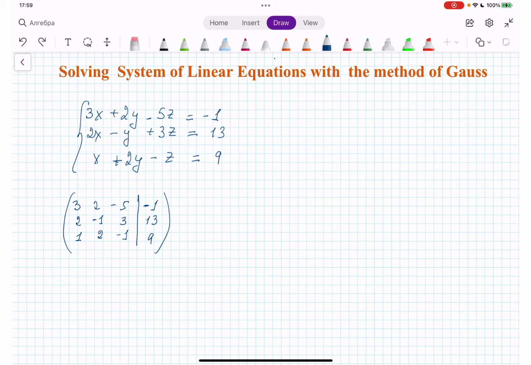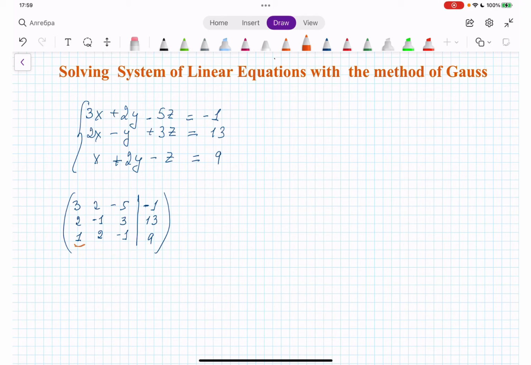It is a good habit to have the first leading coefficient, in this case we have 3, as a 1, because further operations with this first row will eliminate the chance of getting fractional numbers. That's why we always try to get the first number as a 1. So what am I going to do here? My third line has a 1 in the same column, right?